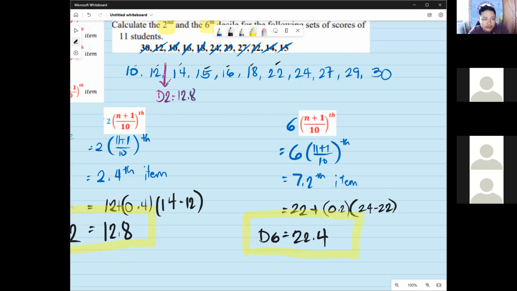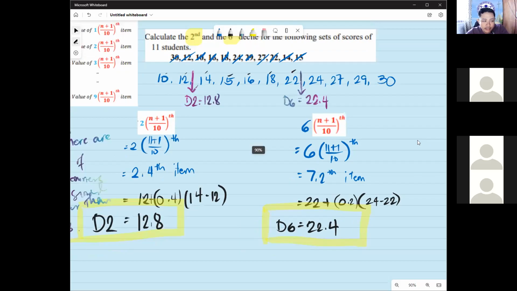So we have 1, 2, 3, 4, 5, 6, 7.2. It's somewhere here between 22 and 24. So therefore, our sixth decile will be equal to 22.4.